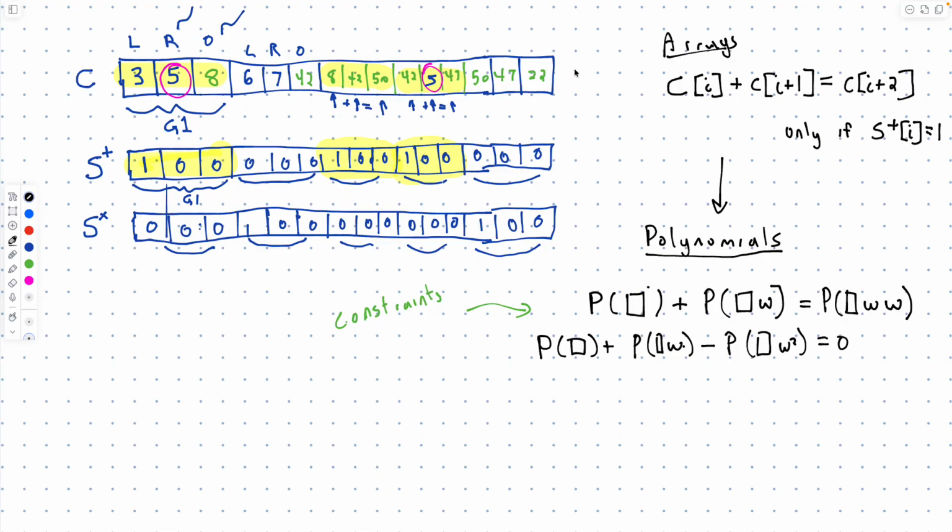It's not true. It's only true at the points where S plus is a 1. If S plus is a 1, then that's true. And if S plus is not a 1, if it's a 0 instead, then this is not true. So this will equal 0 if S equals 1.